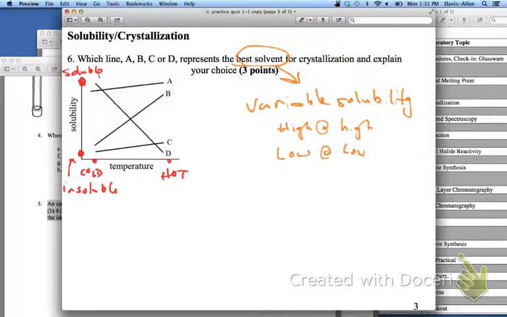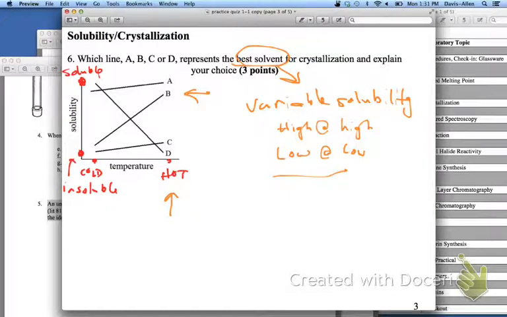Once we have that information, we can now go back to our graph and try and find something that matches that. So if I go to the hot temperature, I now need to find something that's highly soluble. Well, I've got my x-axis nailed down. Now I got to look at my y-axis. Where do I have a high solubility? High up on the graph. So I'm looking at lines A or B. The other part of my analysis was low at low.